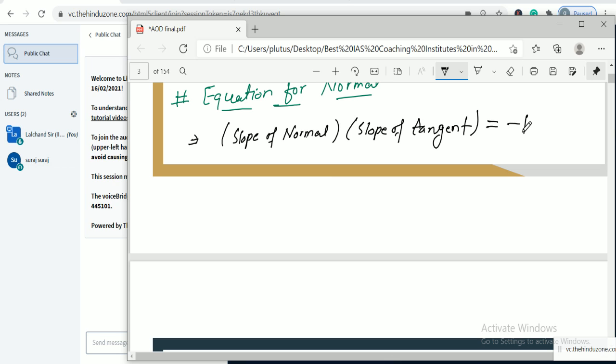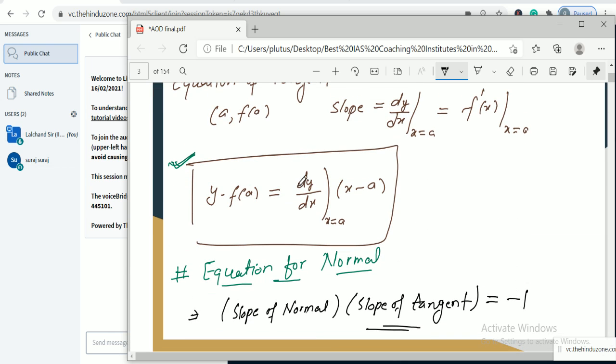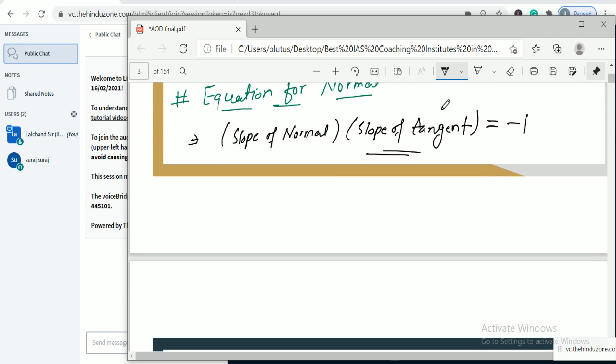We have calculated slope of tangent already. That is our dy by dx at point x equal to a. If we substitute that value of slope of tangent, we can find out the slope of normal. So our slope of normal will be equal to minus 1 upon slope of tangent.